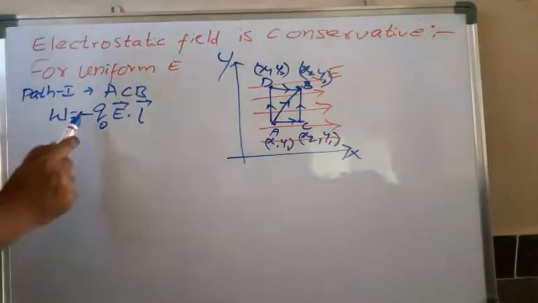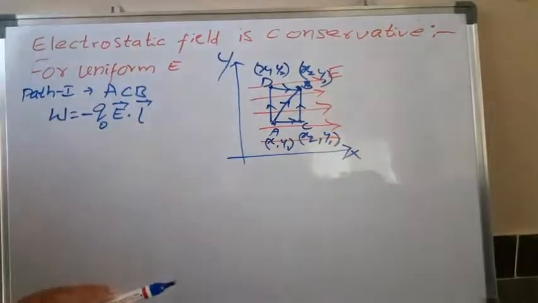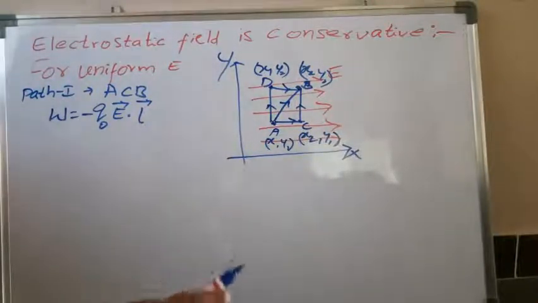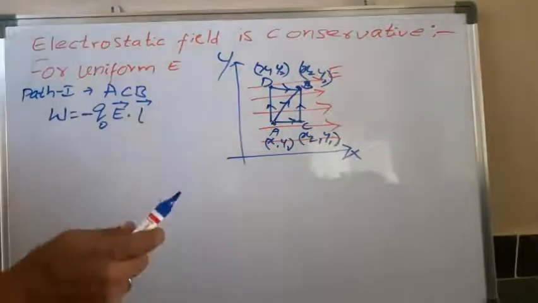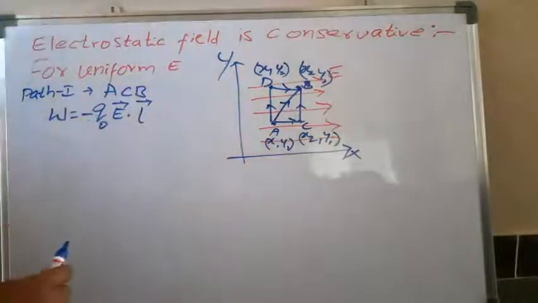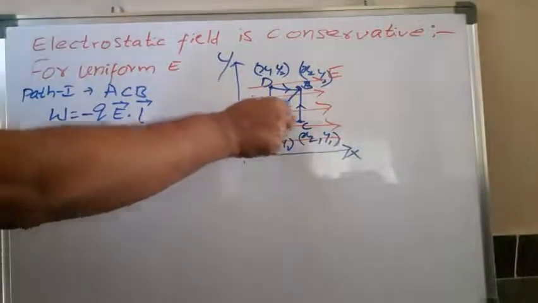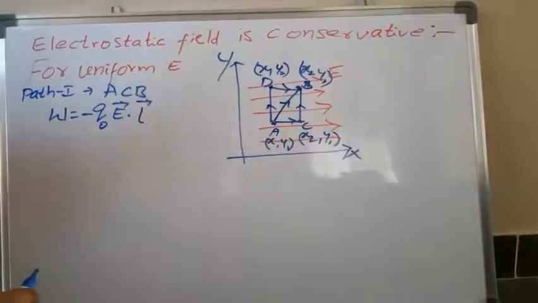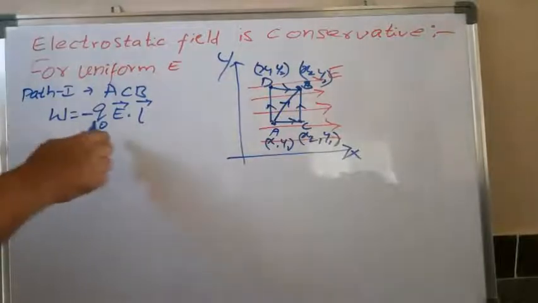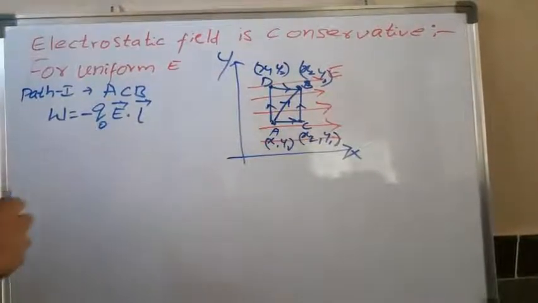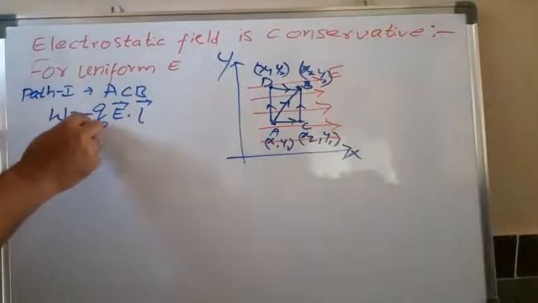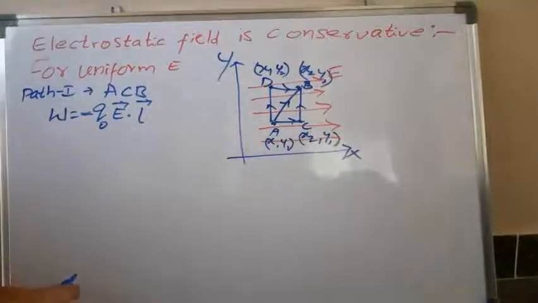Here the negative sign comes into the picture because whether you are moving plus Q naught or minus Q naught, you need to work against the electric field, against attraction or against repulsion, depending on the charge of Q naught. So to move a charge from A to B, we need to apply force against the Coulomb force Q naught E. Our external force must be against Q naught E. That is why the negative sign comes into the picture.